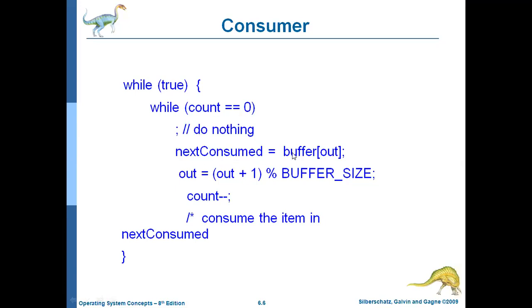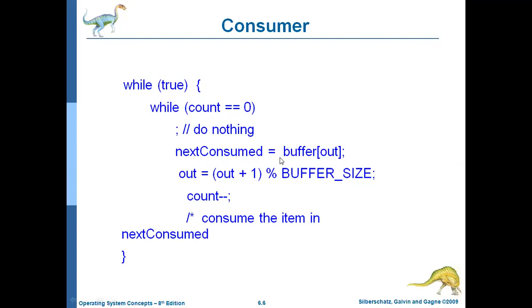Next, consumed equal to buffer of out. What I told you: initially count value is 0, in value is 0, out value is 0, and buffer size is 5. At the end of the producer code, what is the count value? 5. And 5 equal to 0? No, the condition fails, so we move here.